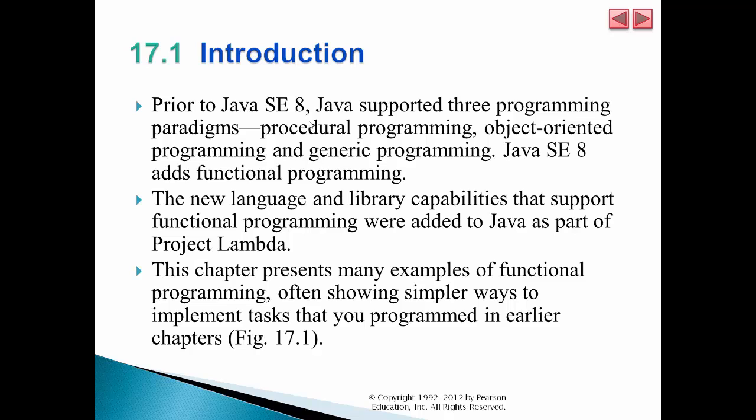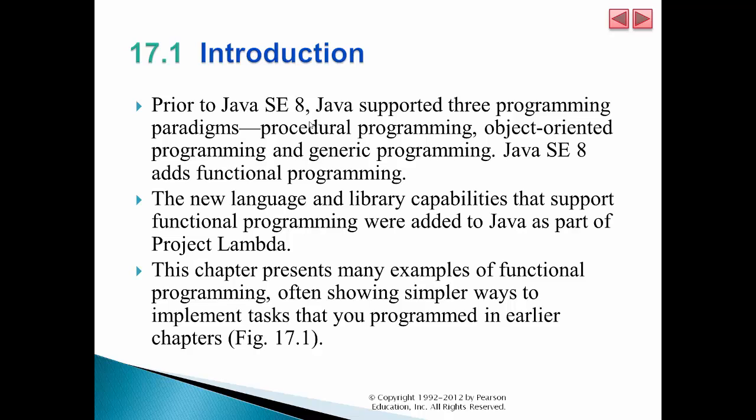So prior to Java Standard 8, Java actually supported three different programming paradigms. The first one, as you know, is procedural programming, the imperative paradigm. And since its beginning, Java also supported the object-oriented programming paradigm. And it also supports generic programming, the one that we covered in the first half of the lecture, being able to specify generic types.